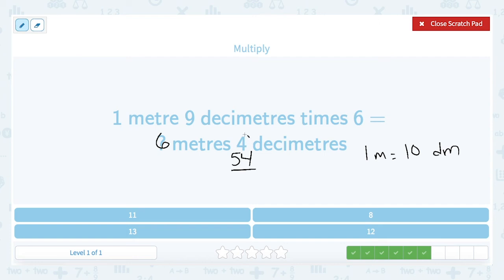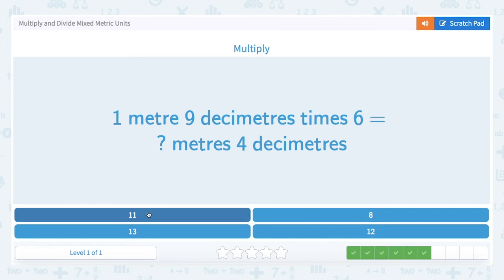That is how we get that leftover 4 decimeters, and we give those 5 meters to the 6, making that 11. So it's 11 meters, 4 decimeters. Sure enough, we have an 11. Let's go ahead and try it.